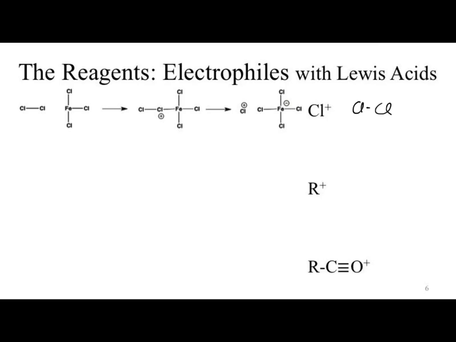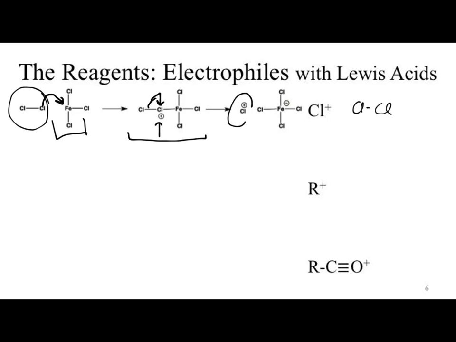So how do we get Cl plus? We add Cl2. And instead of using iron tribromide, we can use iron trichloride as our catalyst. And what happens is the electrons on the chlorine start to share with that iron, and we end up with this really goofy looking intermediate. That chlorine really doesn't want to be positive, so what does it do? It steals the electrons back. Whoops, drew that a little too far.